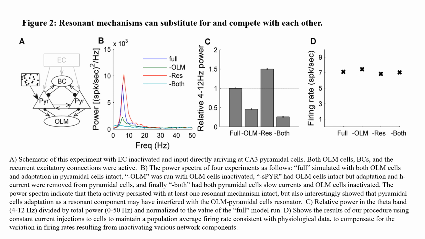Figure D shows the results of our procedures using constant current injections to cells to maintain a population average firing rate consistent with physiological data, which compensates for the variation in the firing rates resulting from inactivating the various network components from those experiments.